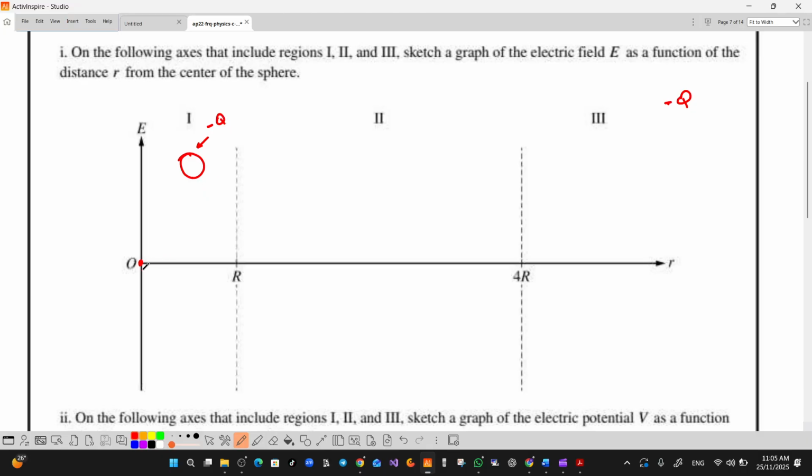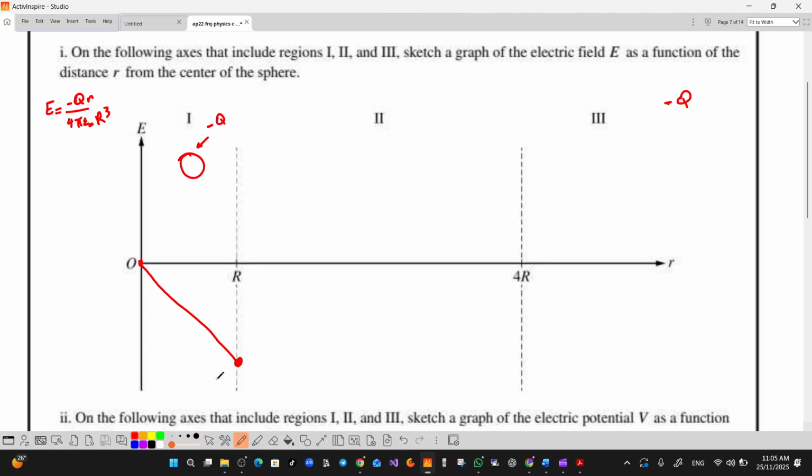So you should expect to have a linear electric field, because the relationship of this electric field is given by E equals minus QR over 4 pi epsilon 0 R cubed, which is what we have derived. So the relationship will be linear. But since we have a negative sign, we need to reflect this linearity downward.